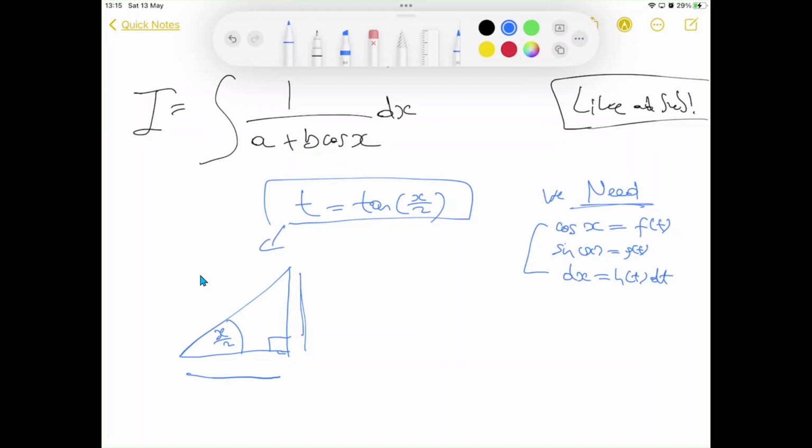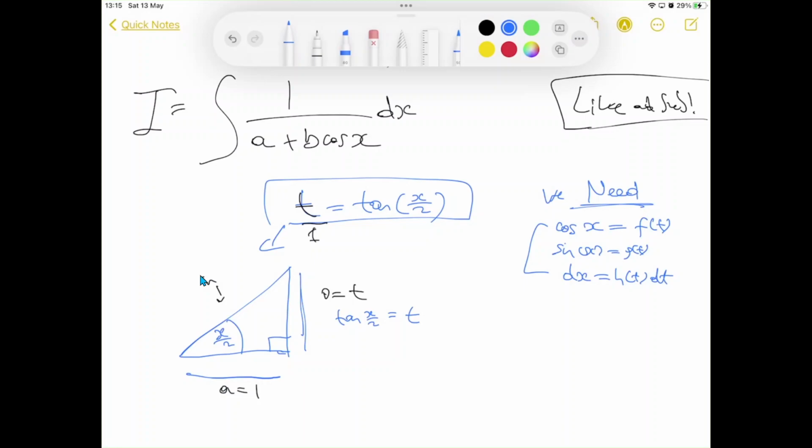And then this is just the hypotenuse. H, O, and A. I'll label them like that. So in our situation, t can be written as t over 1. So that means that the opposite side is t and the adjacent side is 1. So that tangent of x over 2 is equal to t.